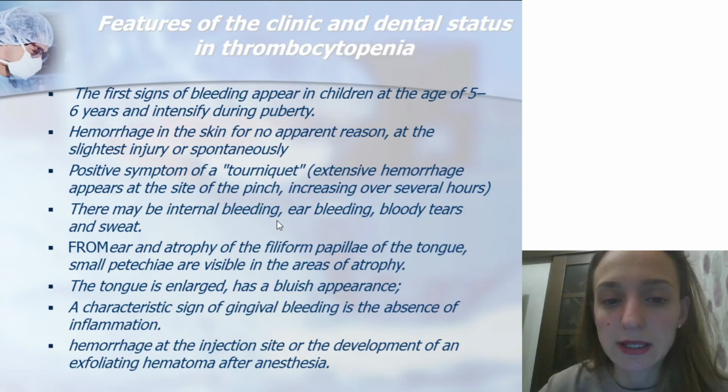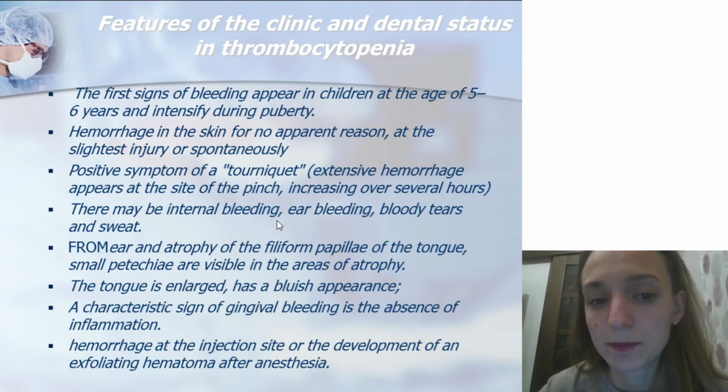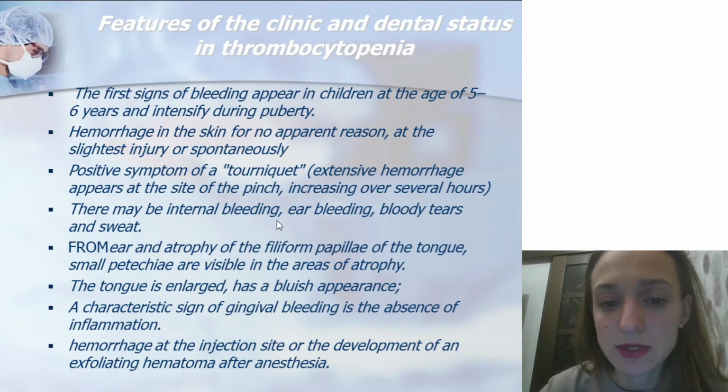Hemorrhage in the skin for no apparent reason, at the slightest injury or spontaneously. Then positive symptom on tourniquet. There may be internal bleeding, nose bleeding, and bloody tears and sweat.